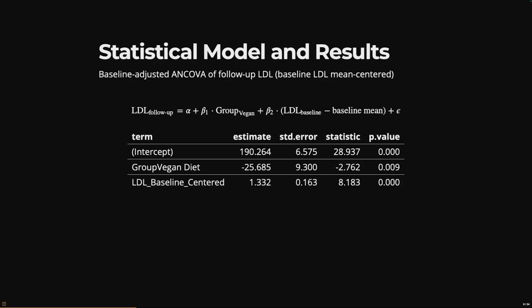With a p-value of less than 0.05. And just to show you the actual changes on average, in the usual diet it was negative 41.2, and the vegan diet was negative 67.2. That is basically what the difference is.